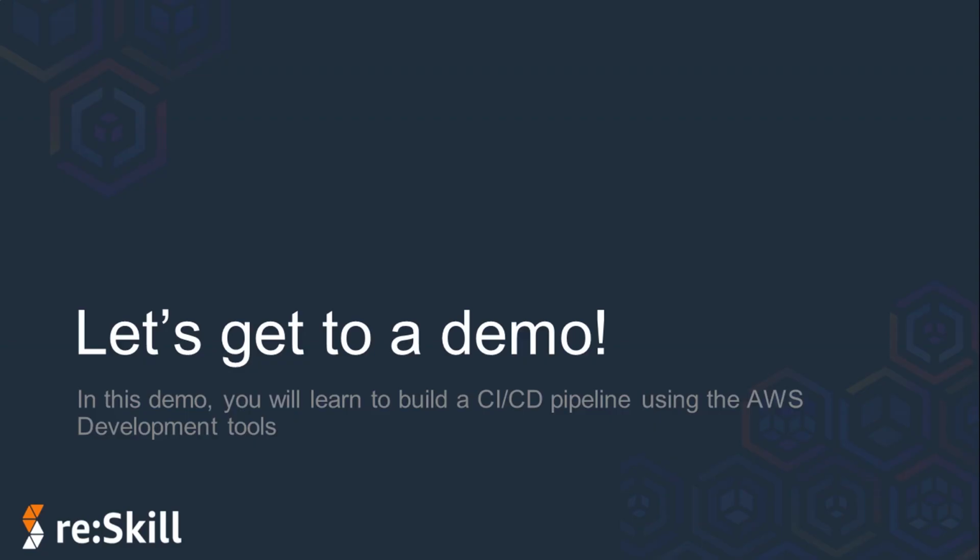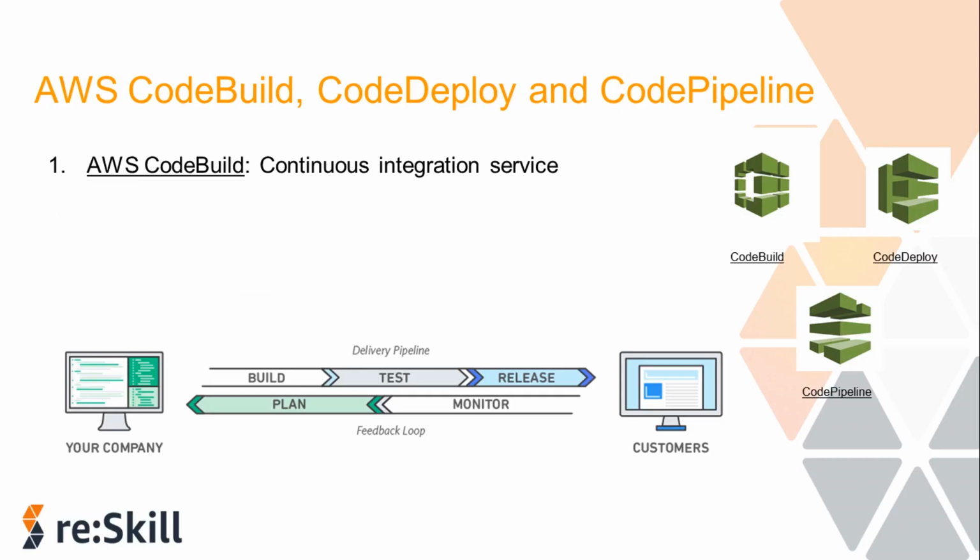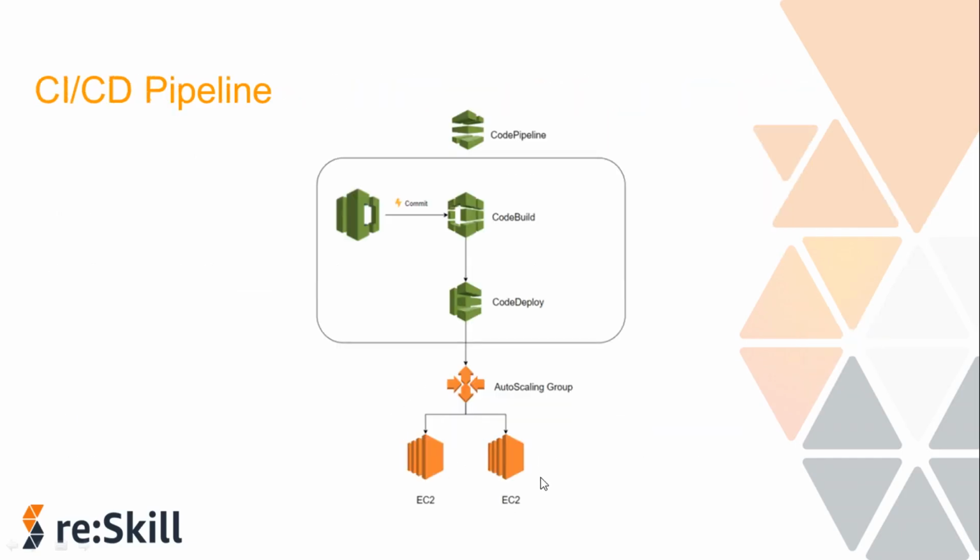So now we will quickly build a pipeline. It will be an application hosted on an EC2 instance, something similar to the one that you have seen in this diagram. As soon as I update something in my source, it will be sent to CodeDeploy, and CodeDeploy will deploy it to my EC2 instances.